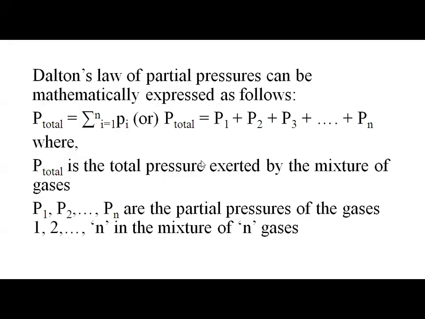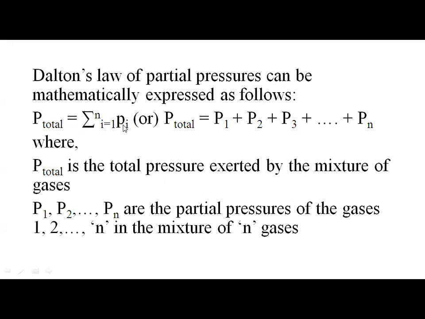Dalton's law of partial pressures can be mathematically expressed as follows. P total is the total pressure exerted by the mixture of non-reacting gases, equal to the summation of Pi from i equal to 1 to n.